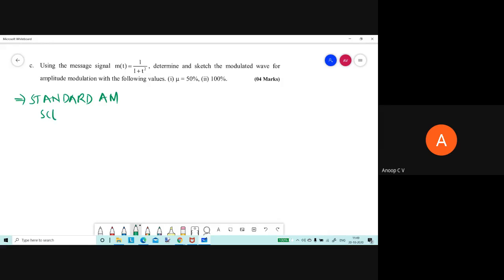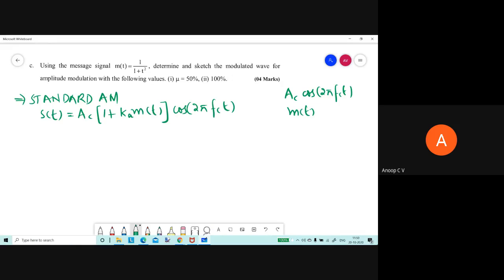If I write s of t, it will be equal to Ac into 1 plus Ka m of t, times cos 2 pi fct, where this Ac cos 2 pi fct is the carrier c of t, and m of t is the message, right?